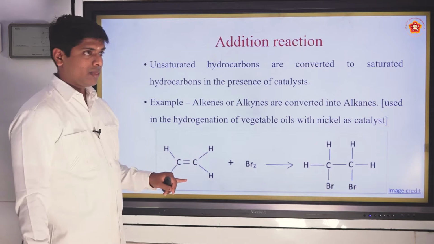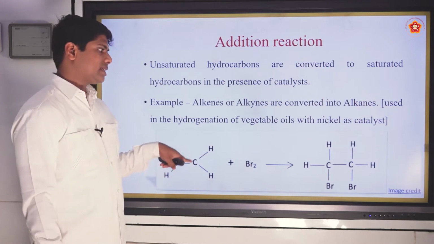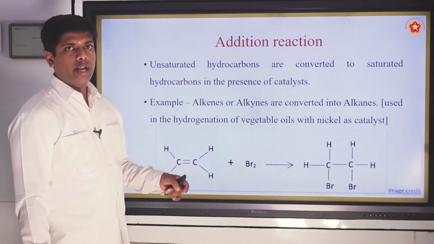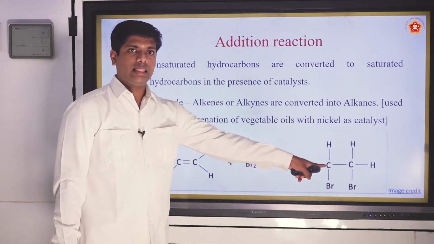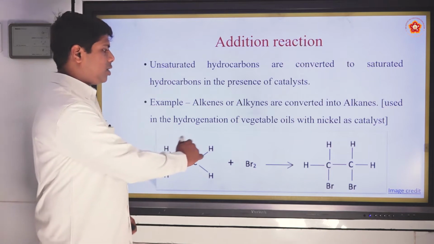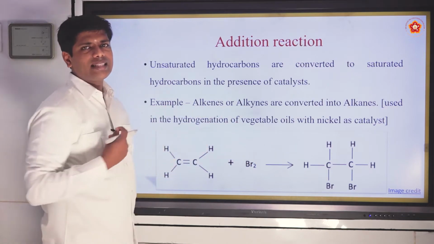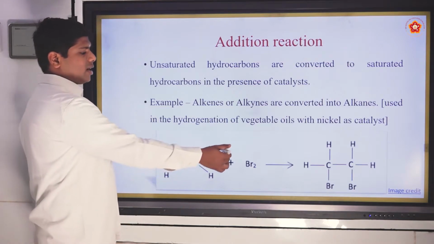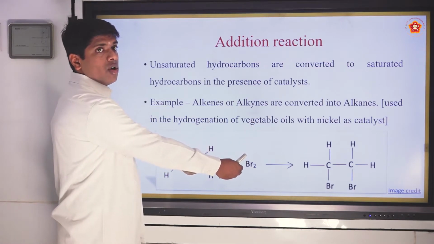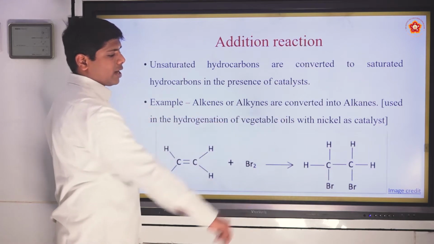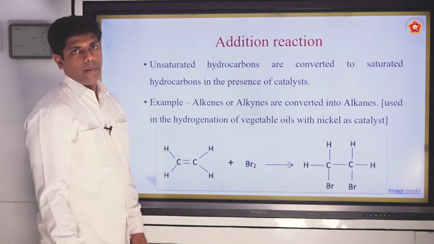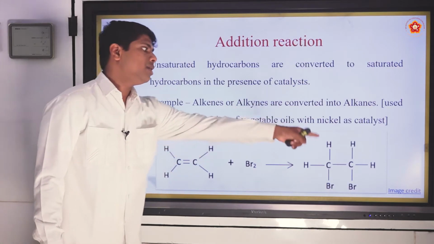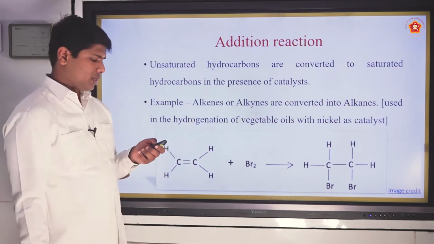Ethene is converted into 1,2 dibromoethane by nickel as catalyst. It is a general equation. In the presence of bromine, ethene is converted into 1,2 dibromoethane. Unsaturated compounds are converted into saturated compounds.